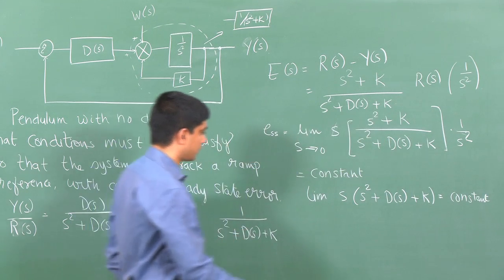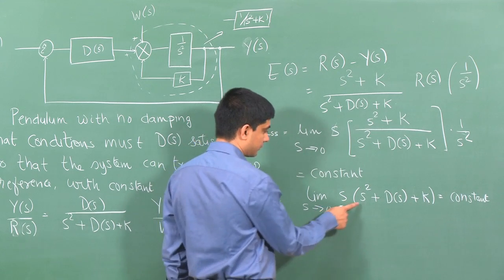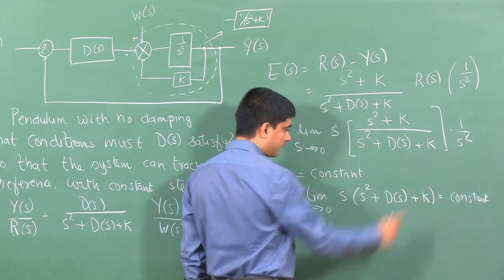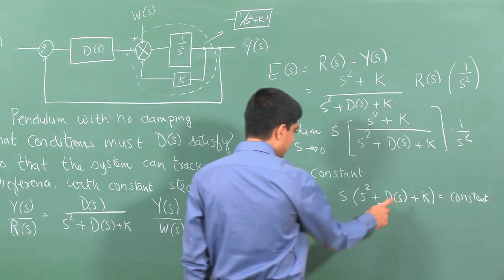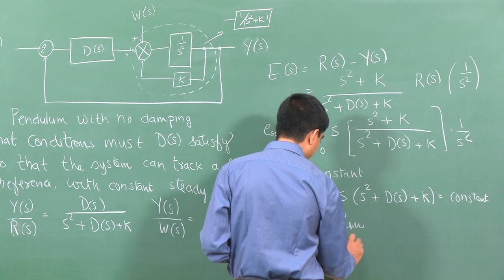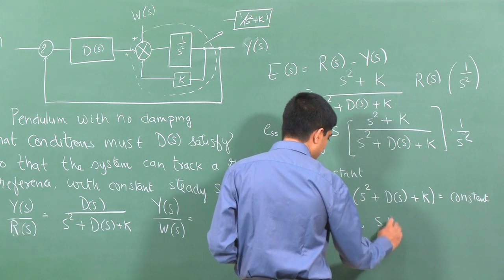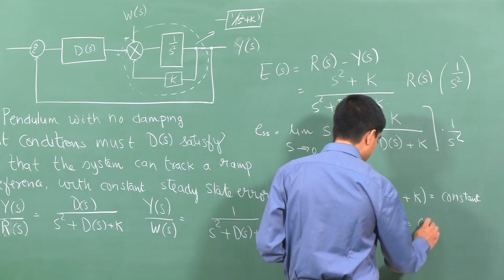Sorry, limit s going to 0 here. Okay, the first term goes to 0, the third term should also go to 0 because I cannot change k. Now let us see what it is. So this means that limit s going to 0 of s times D of s should be a constant.